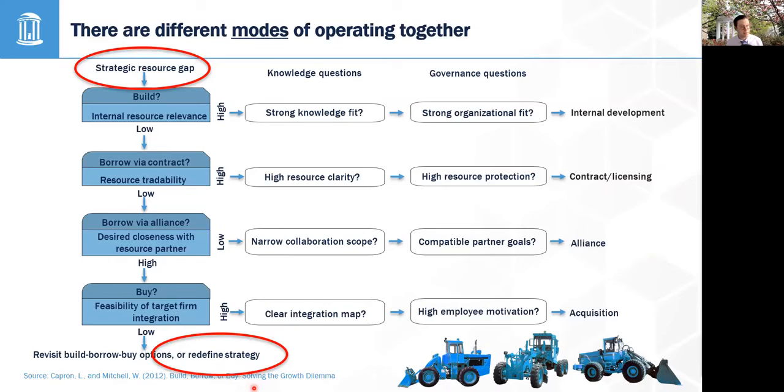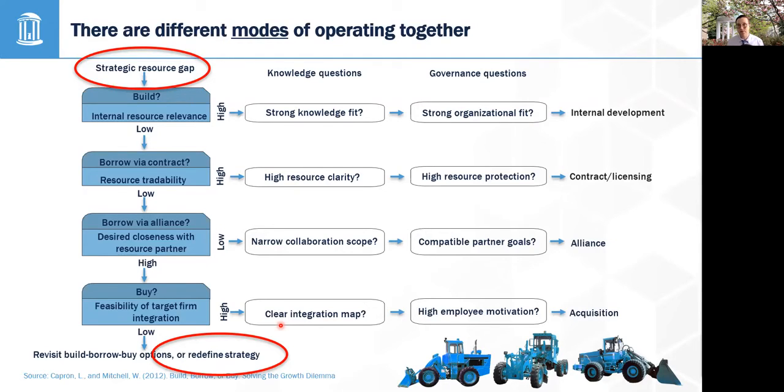I'm not going to go through each of these in a lot of detail, but on the last step, I just want to highlight that a clear integration map essentially requires an identification of the synergies you're hoping to create. And also, you need to think about the resources that you're acquiring that were not originally part of that resource gap that you were hoping to fill.